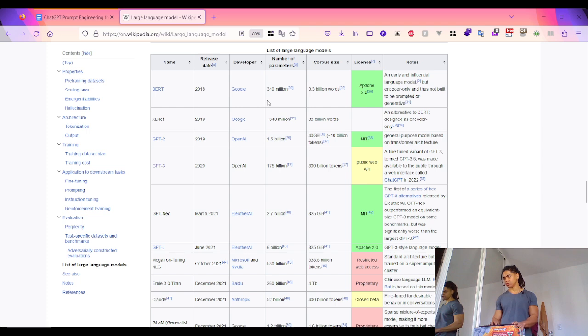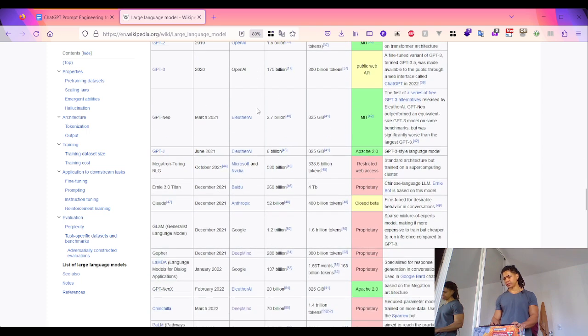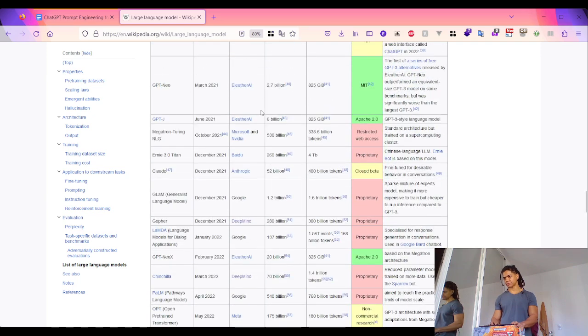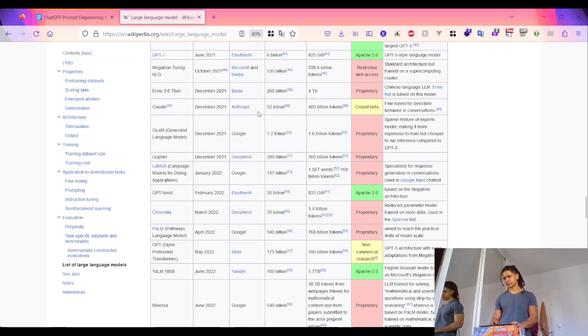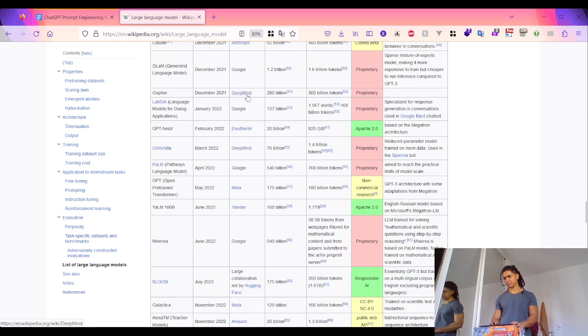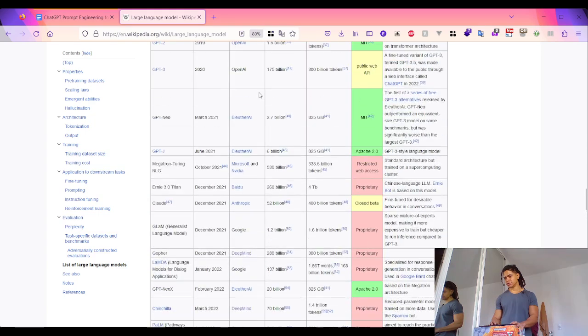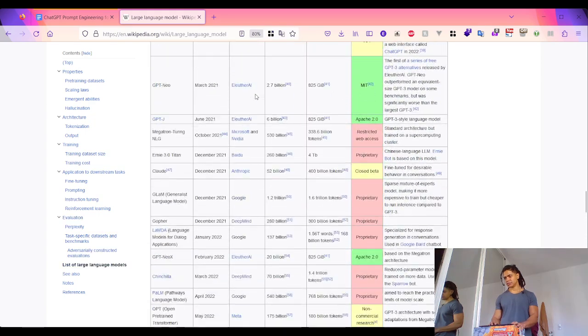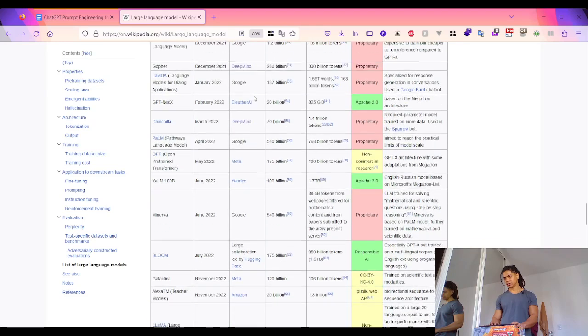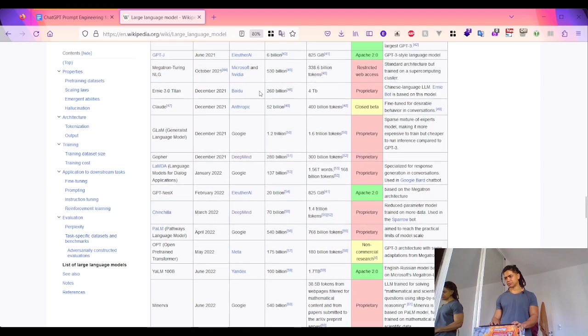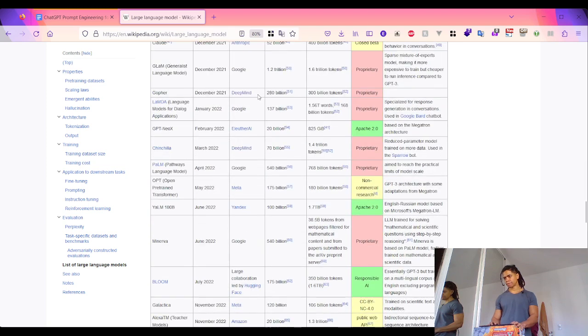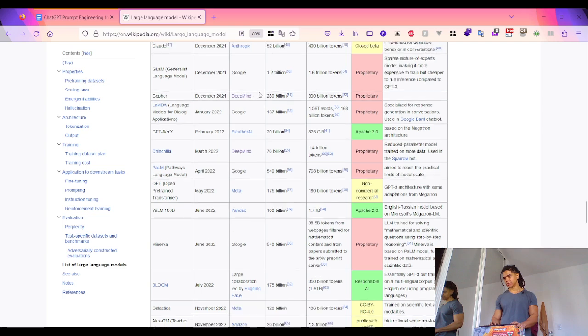An alternative to BERT from OpenAI. Baidu. DeepMind. Gopher, 300 billion tokens. DeepMind, Meta, and Yandex. And all of them are proprietary.